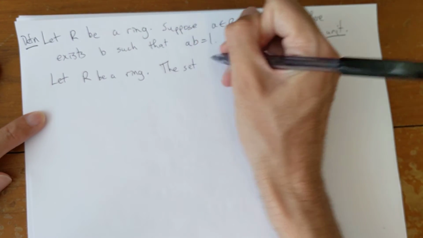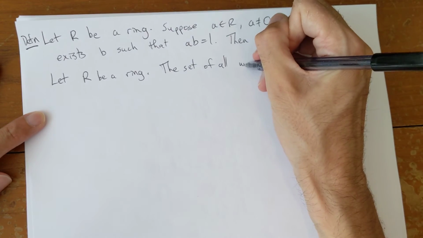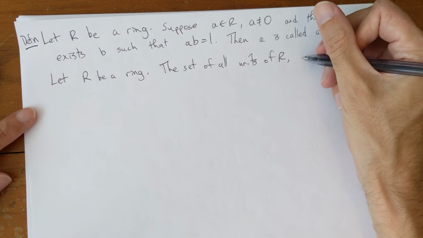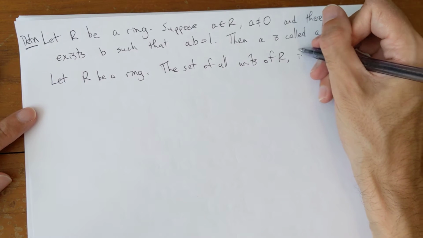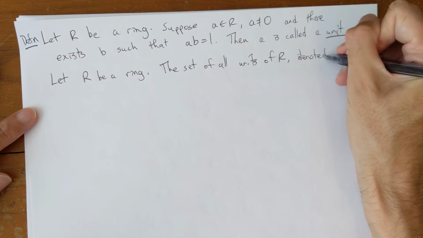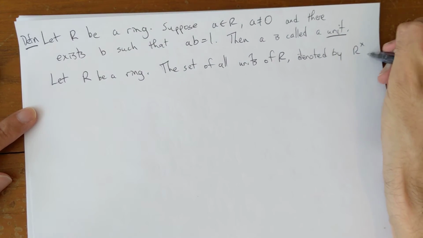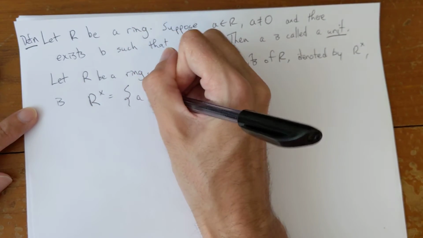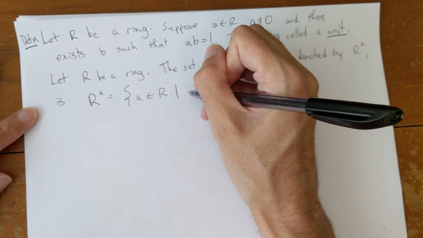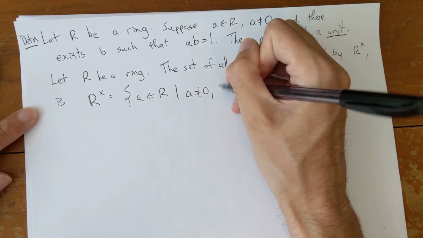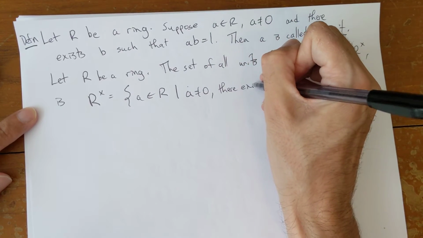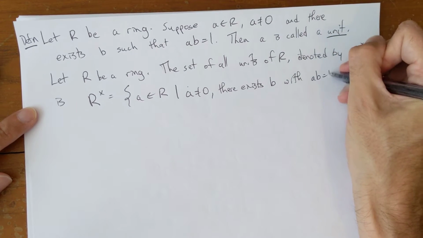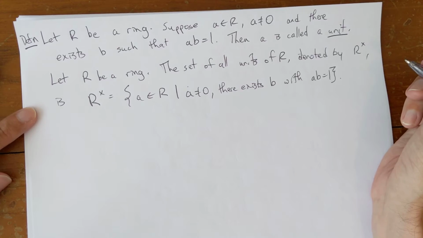The set of all units is denoted by R cross, and is just all the elements of R such that A is non-zero and there exists B with AB equals 1.